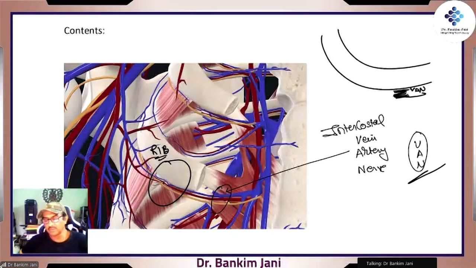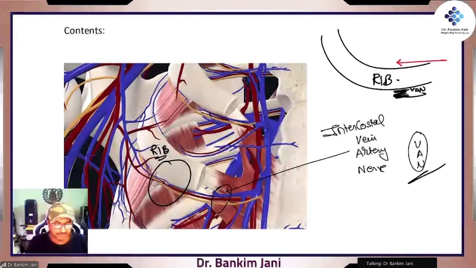This neurovascular bundle, passing just underneath the rib, should never be injured. So whenever a needle or any instrument is to be passed, it should never be passed below the rib. It should always be passed above the rib. Just remember this part.